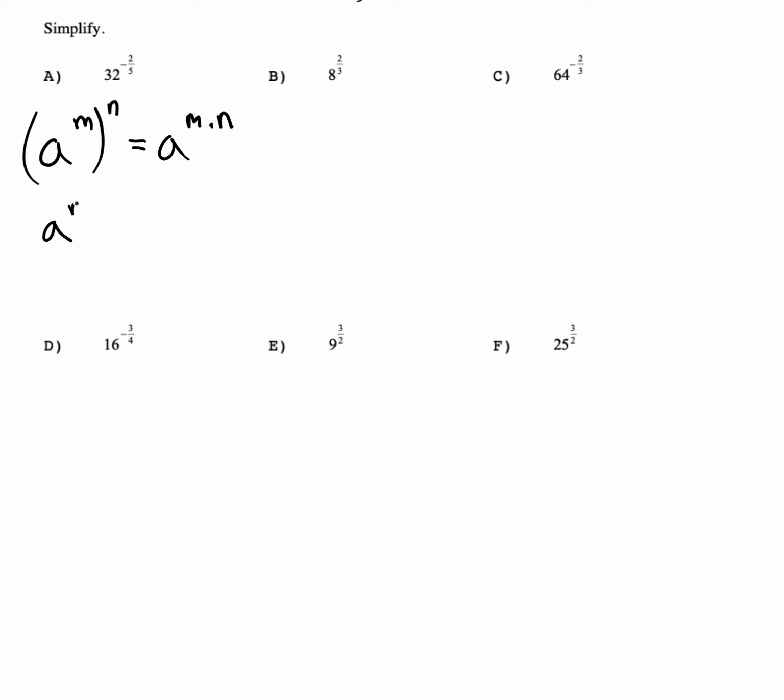So a to the m times n equals a to the m raised to the n, or perhaps it equals a to the n raised to the m. What I mean is I can take that fraction and break it down into different parts and separate the 2/5.